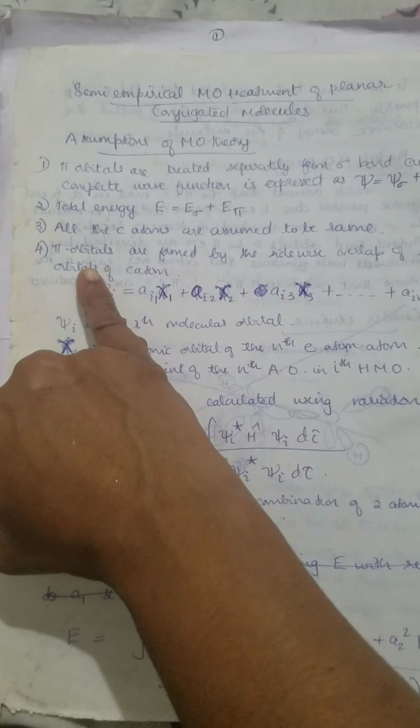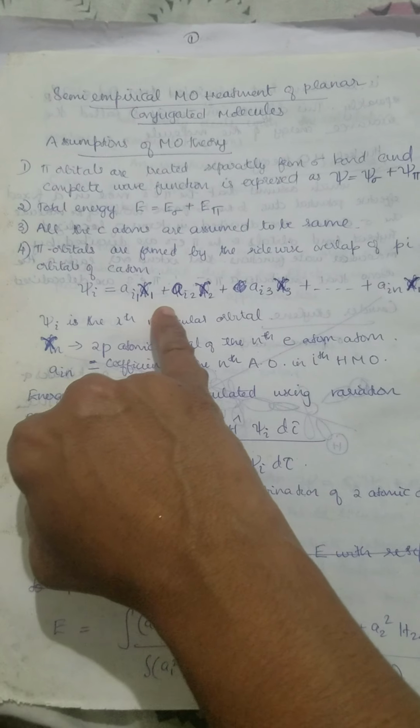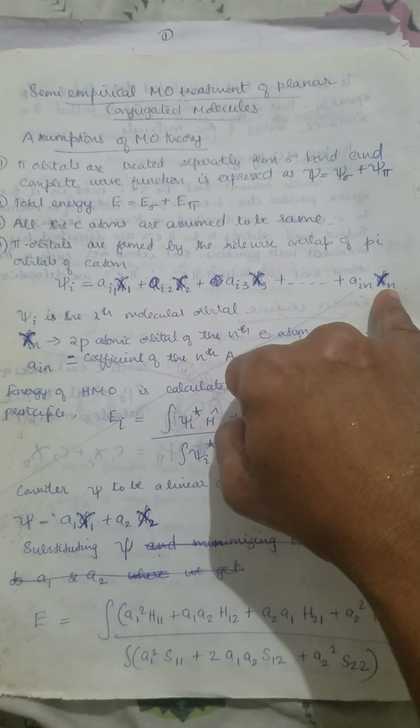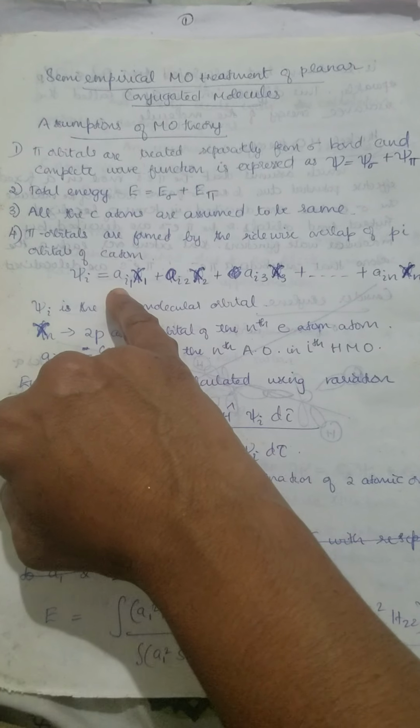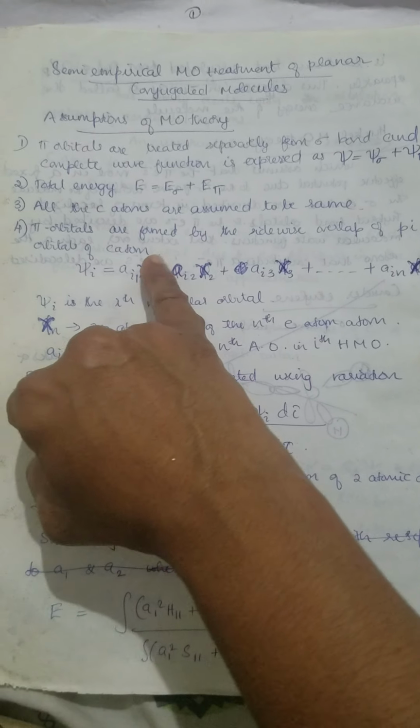Okay. So, the molecular orbital can be expressed as the linear combination of the individual pi orbitals, that is, a_i1 chi1 plus a_i2 chi2 plus a_i3 chi3 plus etc., a_in chi-n, where psi i is the ith molecular orbital. This symbol is known as chi.